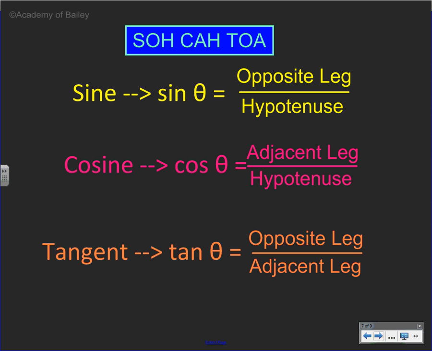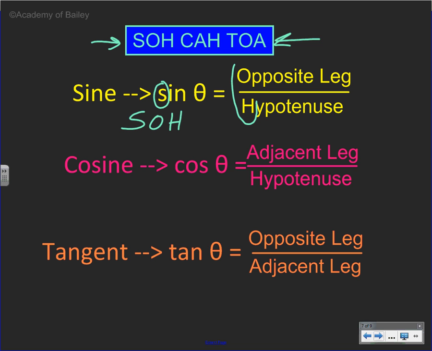So this next slide shows basically the same thing, but it has this little saying up here. SOHCAHTOA. Now if we look here, let's look at S-O-H. What does that mean? S stands for sine.